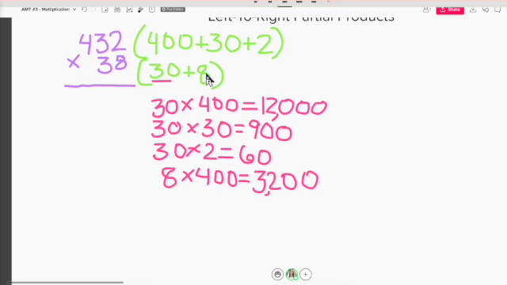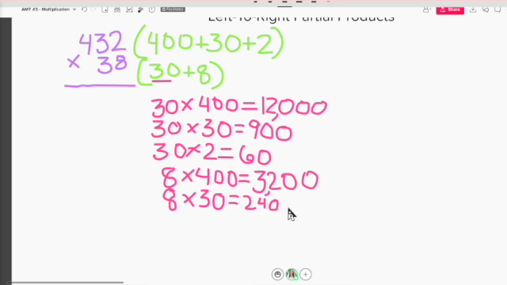Then we're going to do our next number, 8 times 30. And we know that 8 times 3 is 24. But we're not doing 8 times 3. We're doing 8 times 30. So we need to make sure we incorporate that tens place by putting that 0 on.